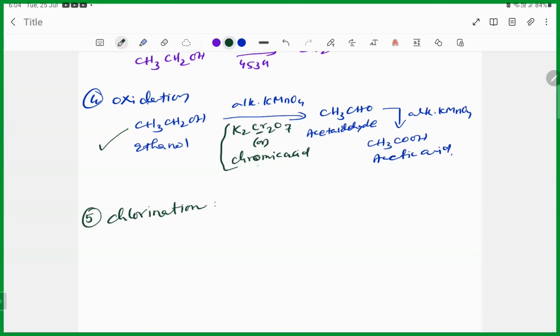In chromic acid and potassium dichromate, the chromium oxidation state is 6. When the person who has taken alcohol blows the gas from his mouth, chromium 6 is converted to chromium 3, and the vapor becomes green in color. From that, the policemen find out whether the person has taken alcohol or not.